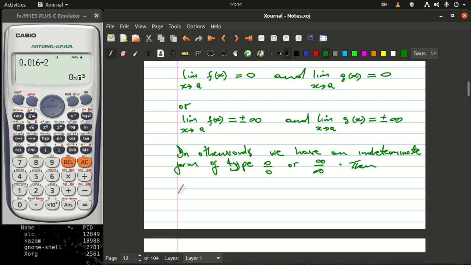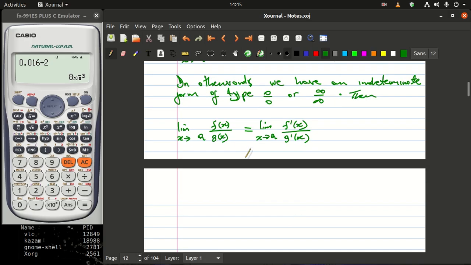Then the limit as x approaches a of f of x divided by g of x is the same as the limit as x approaches a of f prime of x divided by g prime of x. That is what L'Hopital's rule is saying.